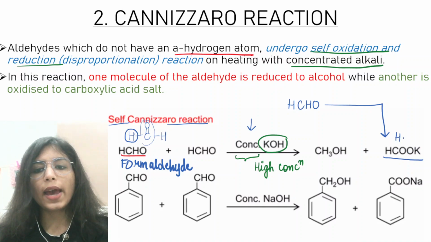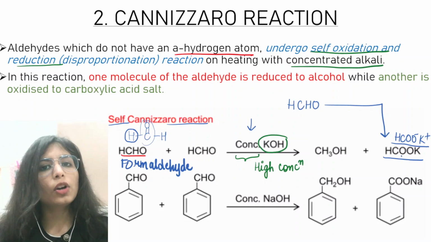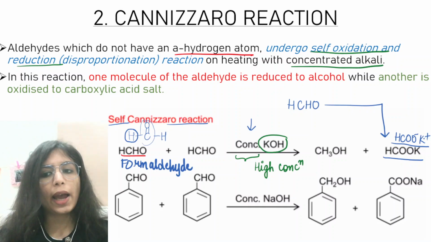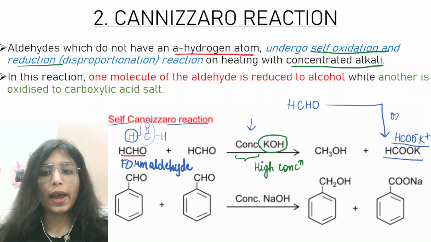So this is HCOO minus and K plus. So you are basically getting the salt of the carboxylic acid. The hydrogen part is replaced by the K plus part, that is the cationic part of the base, and therefore you are getting the oxidized product as this.